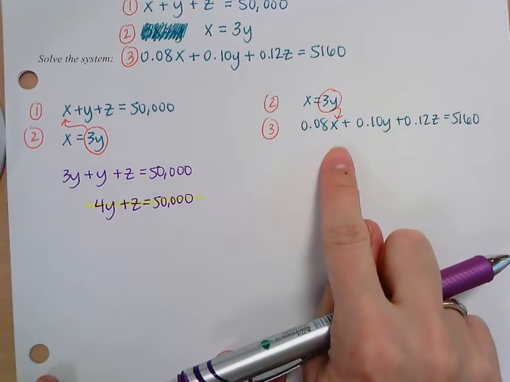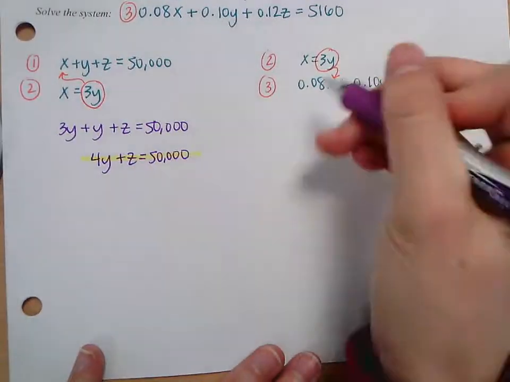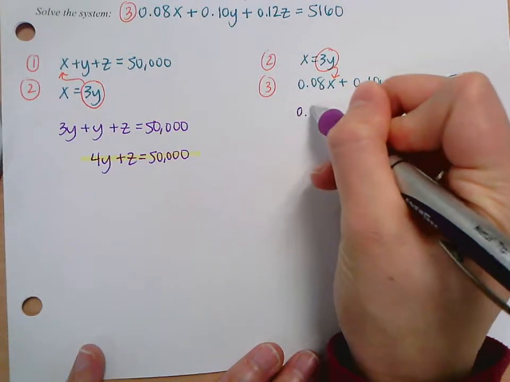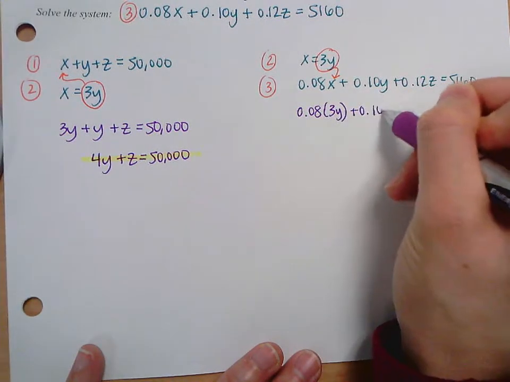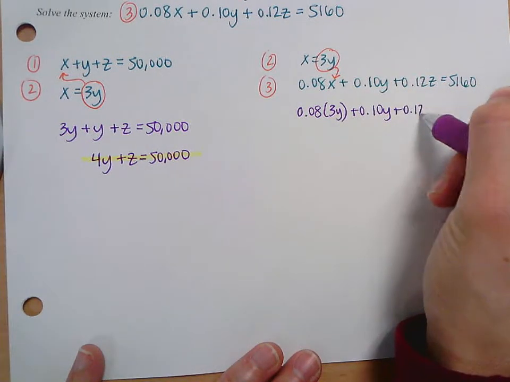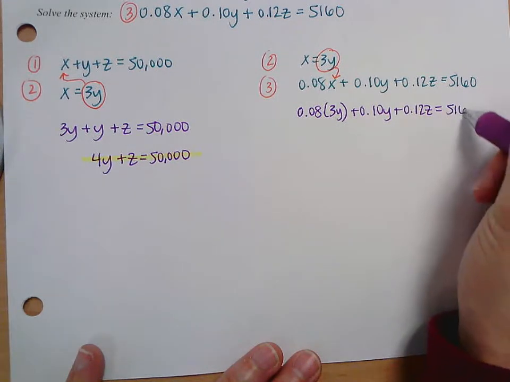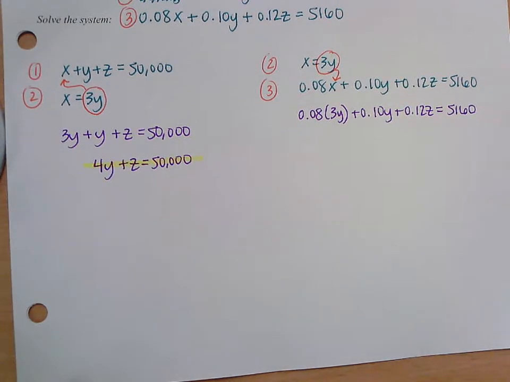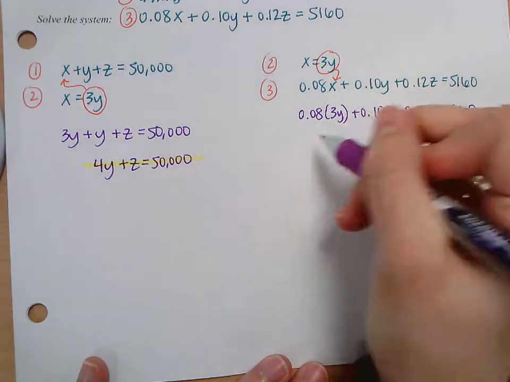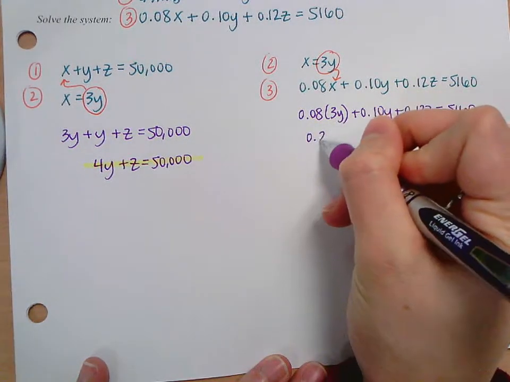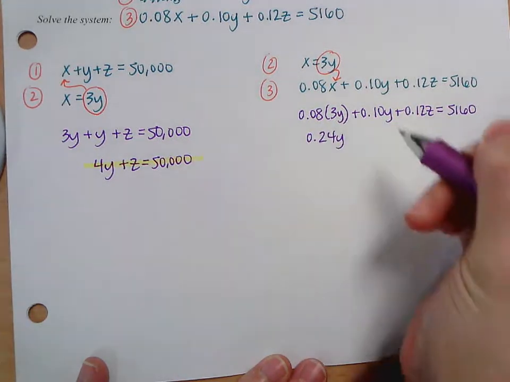And then I can do the same thing over here. So I'd have 0.08 times 3y plus 0.10y plus 0.12z is 5,160. Multiplying 0.08 by 3, I'd have 0.24y.